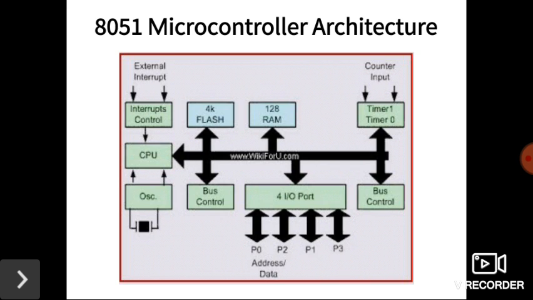Then next we are going to see interrupt controls. As its name suggests, an interrupt is a subroutine call that interrupts the microcontroller's main operations and causes it to execute another program, which is more important at the time of operation. The interrupt feature is very useful as it helps in case of emergency operations.